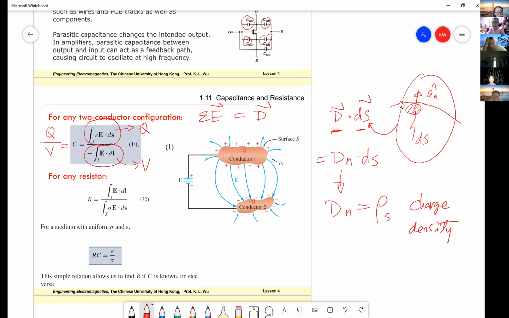So that is the definition. A very interesting thing is, in addition to capacitance, there are three basic components. One is the capacitor, one is the inductor. What is the third one?